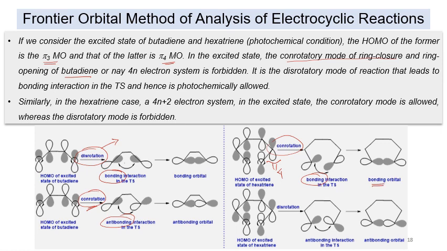Therefore, this conrotatory mode of cyclization is allowed under photochemical conditions. Whereas in the disrotatory mode, you have an anti-bonding interaction between these orbitals. Therefore, it will be photochemically forbidden. It is usual for a system permitted under thermal conditions that the opposite would be permitted under photochemical conditions.